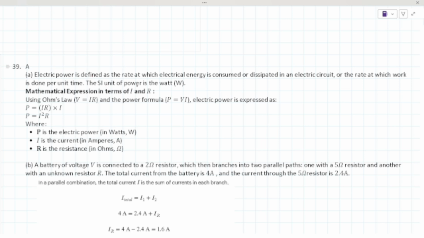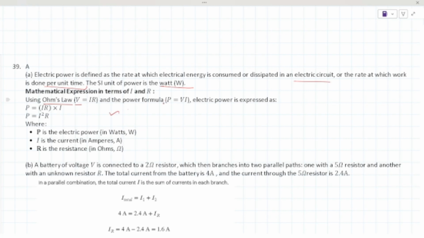Electric power is defined as the rate of electrical energy consumed per unit time. The SI unit is watt. Again, the mathematical expression of power in terms of I and R, that is VIR, right?